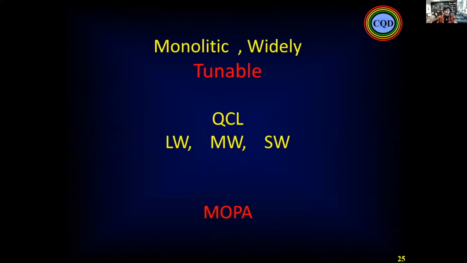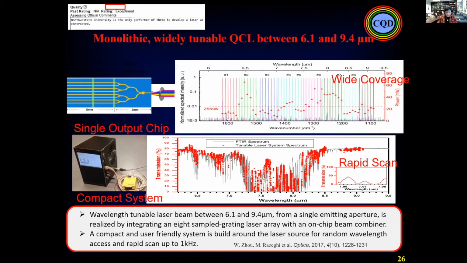So we need a monolithic widely tunable infrared source. The things that we did in the telecom part, now we need in the infrared, from short wavelength, mid, to long wavelength. For that, we came with a monolithic widely tunable QCL between 6 to 10 micron.